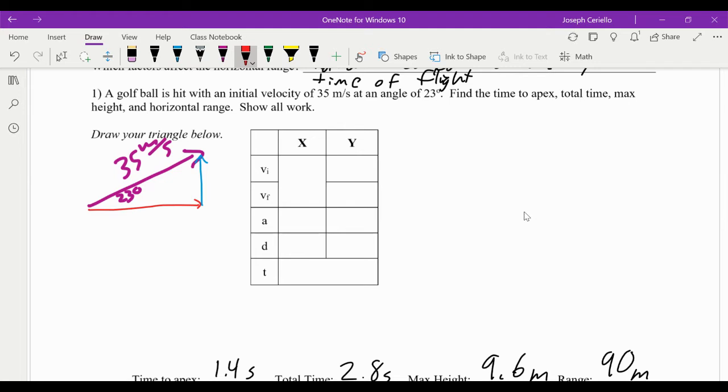Now the x component is going to be 35 cos 23, and the y component is going to be 35 sine 23. So let's calculate those really quickly. 35 cos 23 is going to be 32.2.